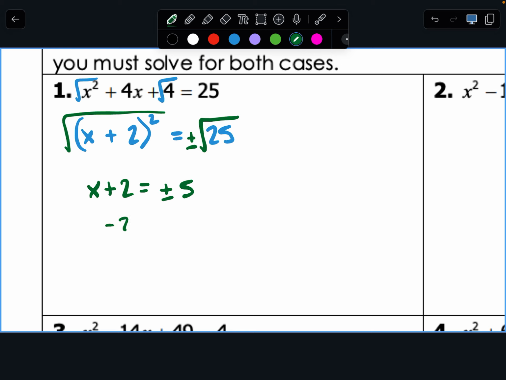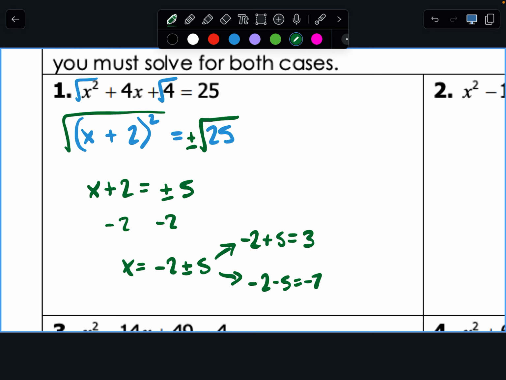We're going to keep solving for x by subtraction. x equals negative 2 plus or minus 5. If I split this up, I would have negative 2 plus 5 equals 3, or negative 2 minus 5 equals negative 7. So that means I have two possible solutions. Either x can equal, and I'm just putting my solution set, 3 or negative 7.